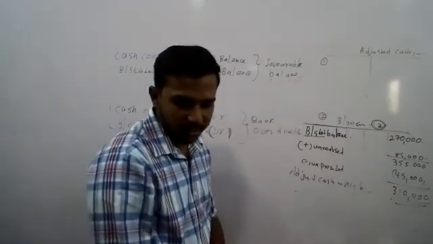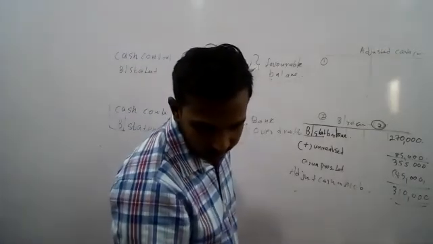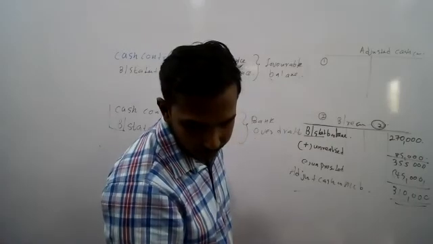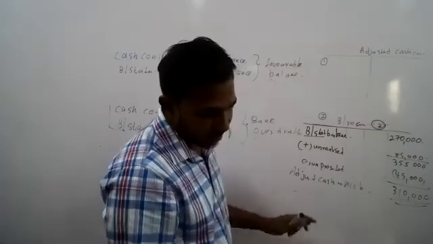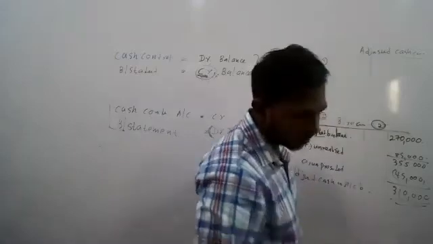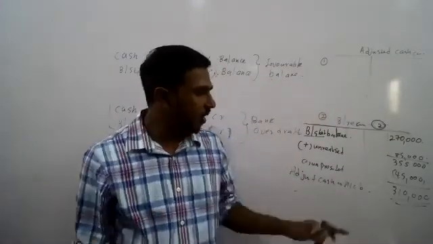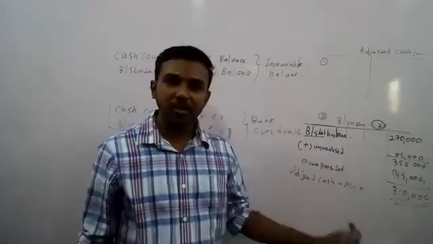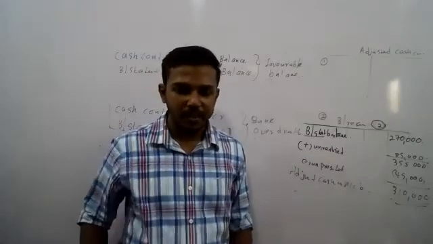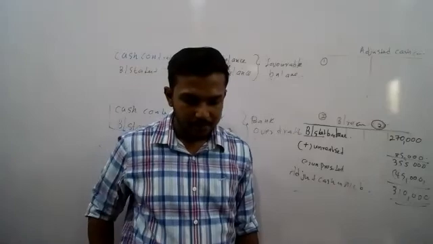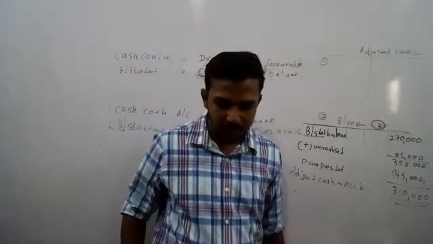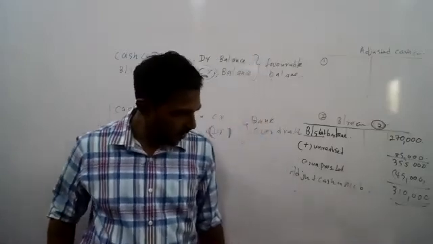Clear? If you want, you can take it down. I will give you like 2 minutes. Is it clear why it's not 230,000? The students who said 230, is it clear how it comes to 310? Any questions? Let me know.